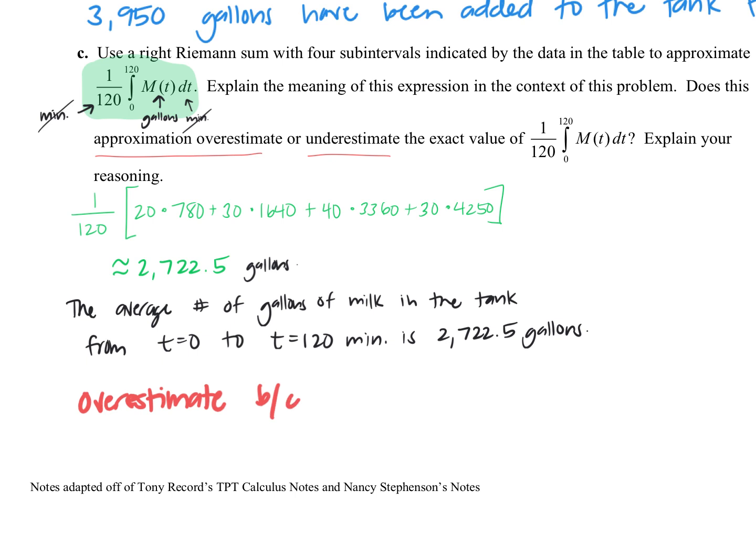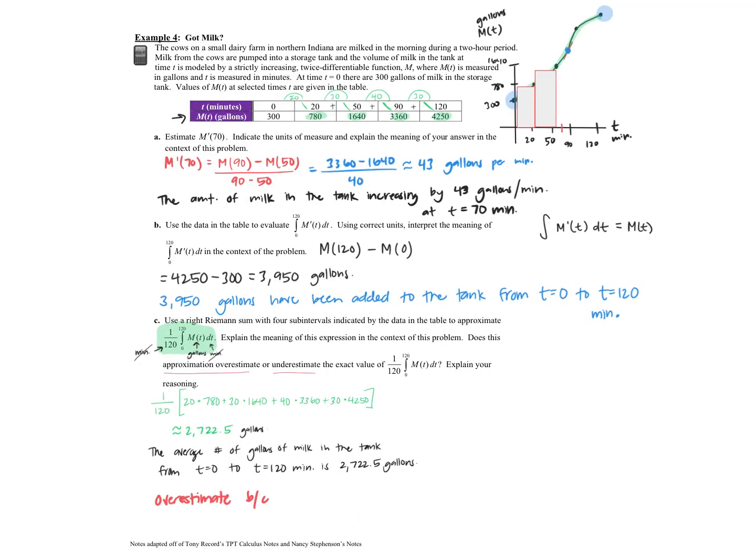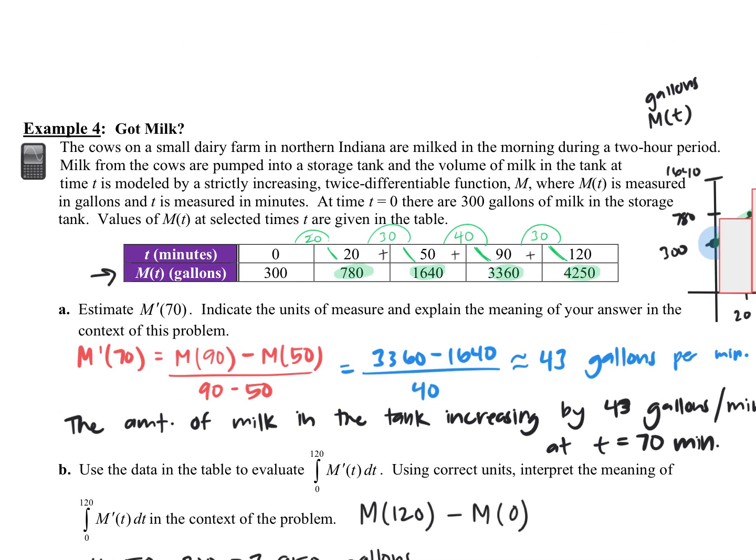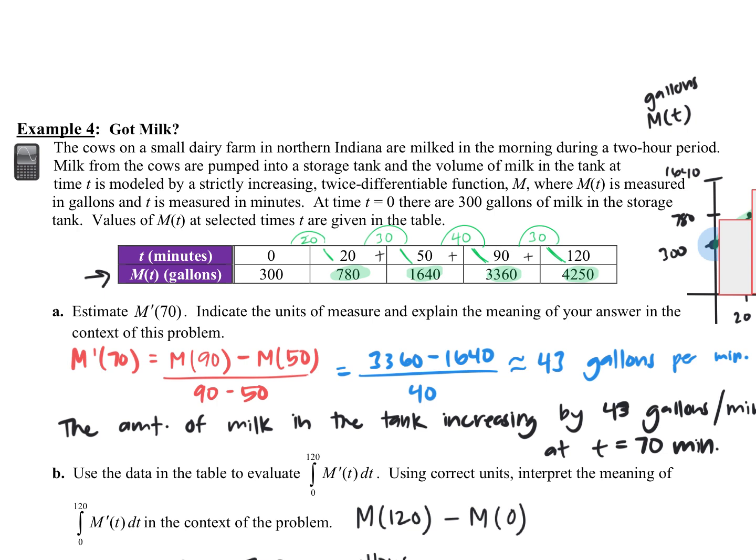Because, if I go back up into my instructions or my problem here, there's one word that's specifically important telling us why it is going to be an overestimate. Any guesses? It's a mathy word. Twice differentiable? Not twice differentiable, but it's close to that one. Function?